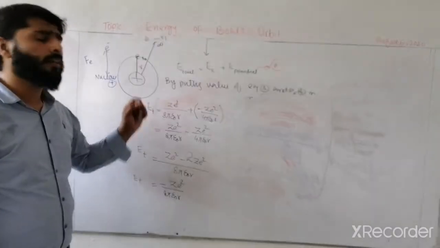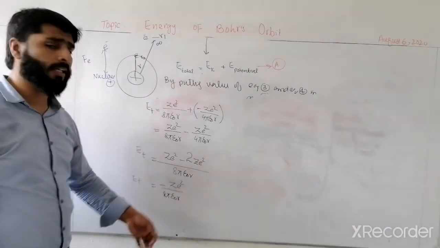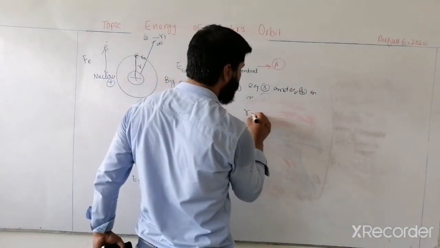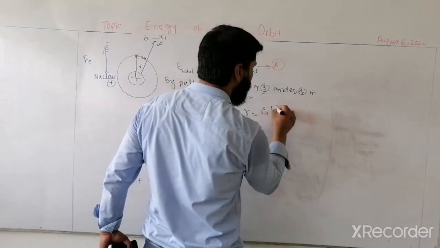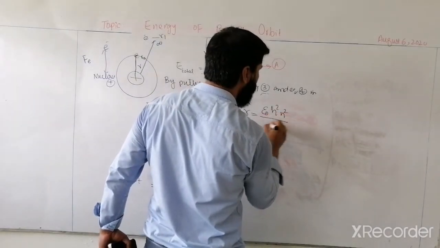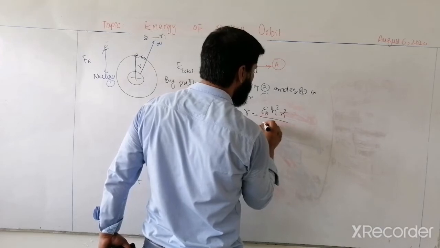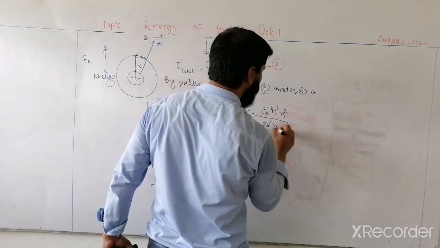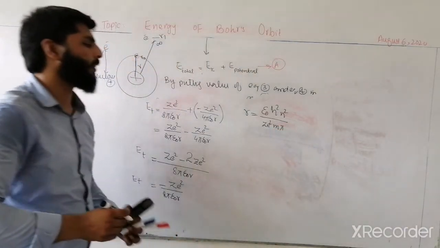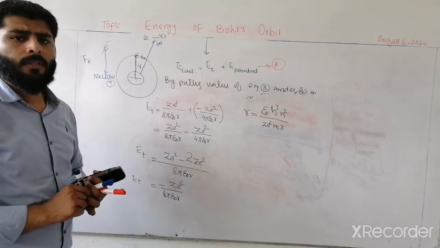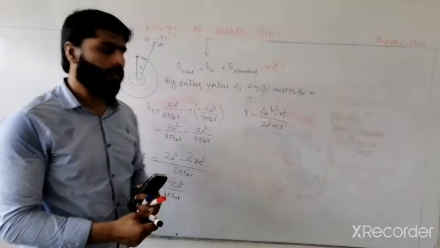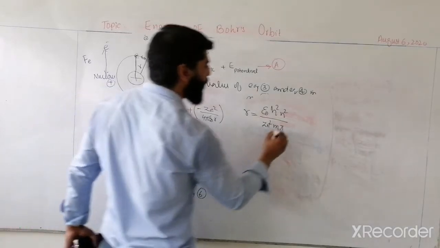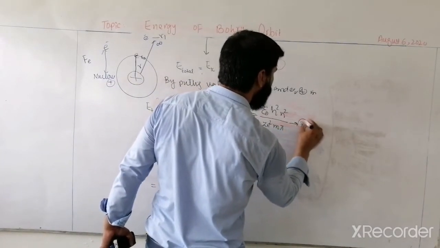In the previous lecture, we discussed how to find the radius R. As we know, R is equal to epsilon naught h square n square divided by Z E square pi m. This is the value of R. This will be equation number 6 and this is equation number 7.